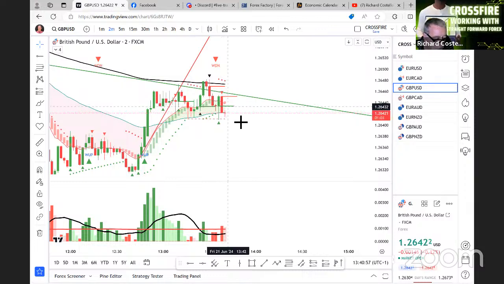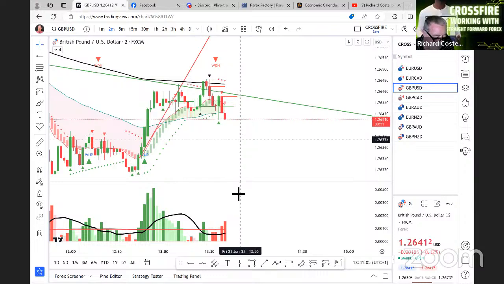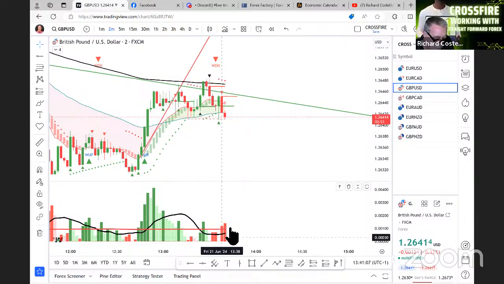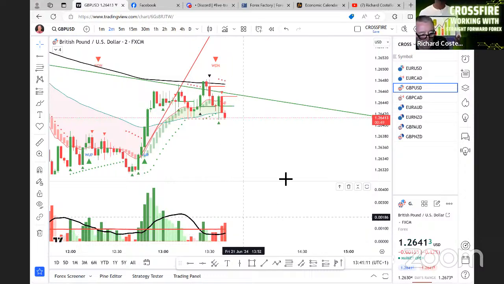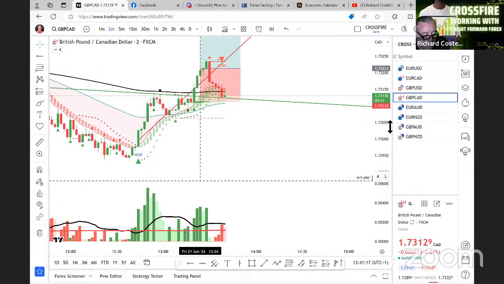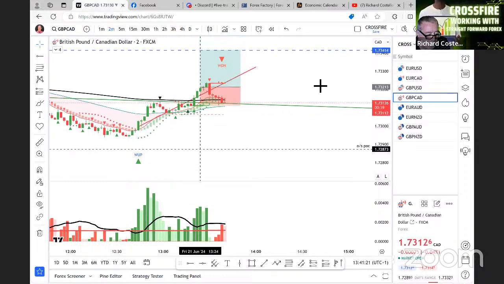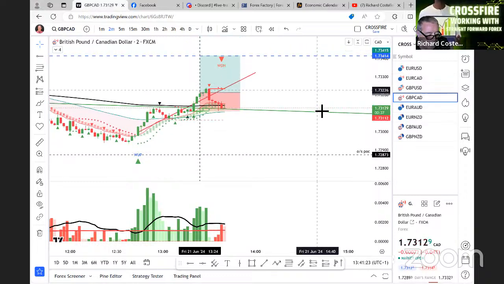When they cross over, that cloud will become a red cloud and we might be in a much stronger sell mode. The Waddah Attar would tell me to keep out because the black line's below the red line. But I'm now starting to think, rather than sit and watch these very slow moving pairs, I might need to set some alerts.